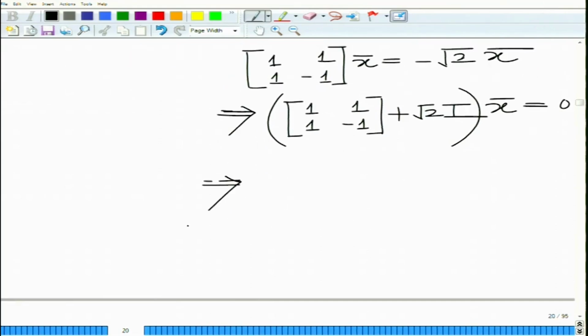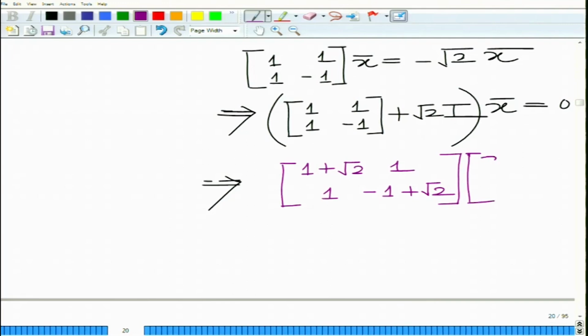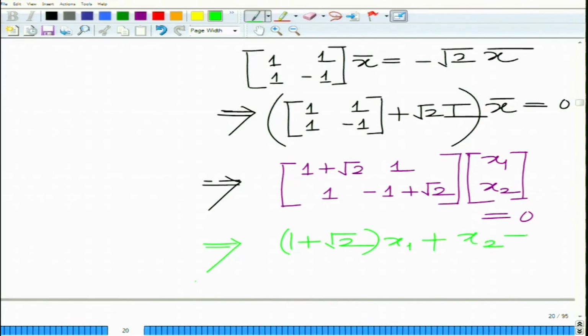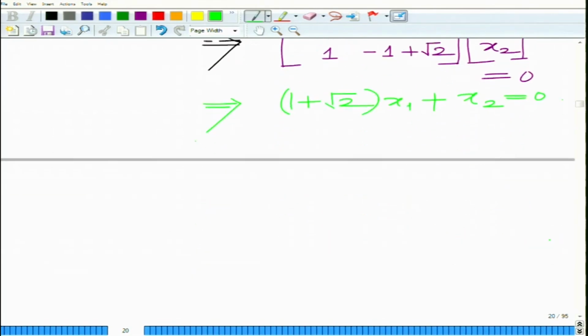This implies that basically, if you look at it, the matrix 1 plus square root of 2, 1, 1, minus 1 plus square root of 2 into the vector x bar, that is x1, x2, is equal to 0, and this implies basically 1 plus square root of 2 times x1 plus x2 equal to 0, and you can see both the equations will reduce to the same thing.